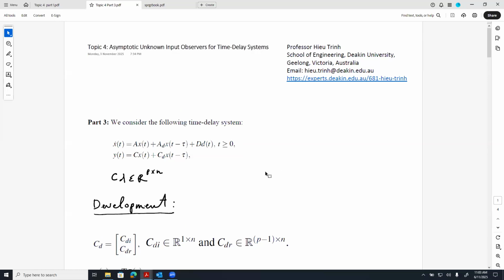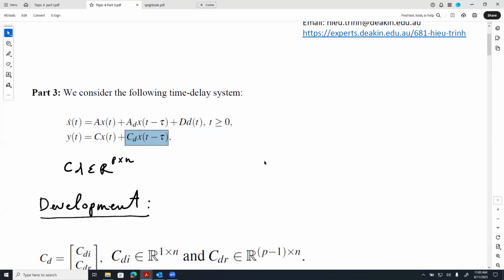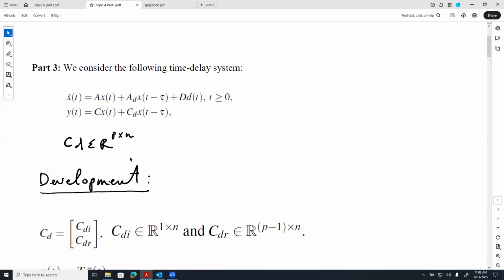So this is like an extension to our previous part, which is part 1, where we did not have CD, x(t minus tau) in the output measurement vector. And in our development, matrix CD is of dimension p by n. We also assume, for simplicity in our presentation, that matrix C is in the canonical form.